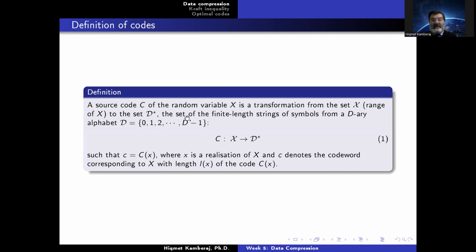C is this function from chi to D star, and it is such that little c is equal to big C of x, where x is a realization of the random variable X, and little c denotes the code word corresponding to x.